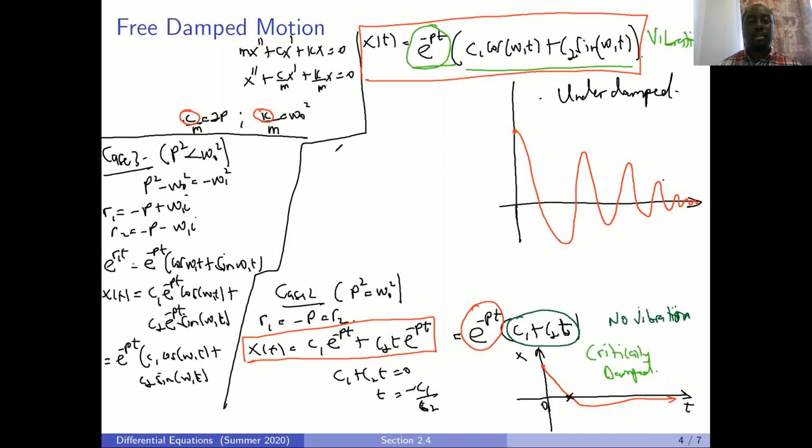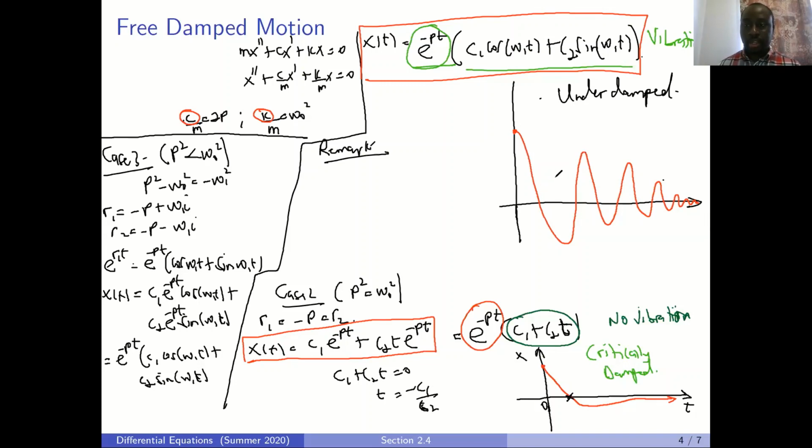Now another very interesting thing to note here is that because of the damping, we really do not have a periodic motion, in the sense that the function never really repeats itself, right? Because by the time it comes around, its value has already been reduced.